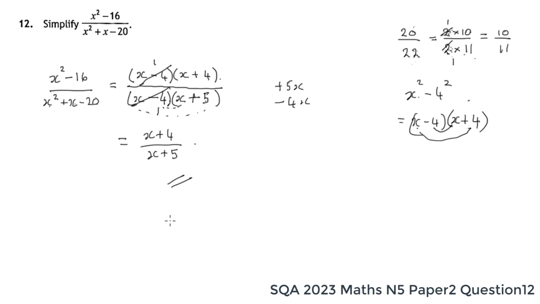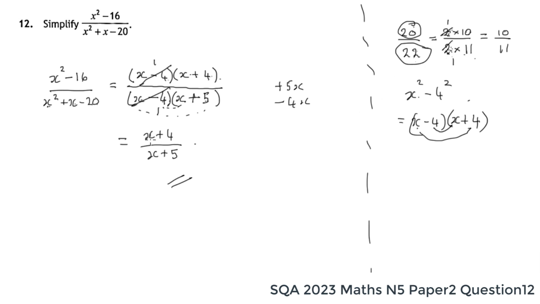Now it's interesting, this is just a by the way, if you put x equal to 6 in this expression, 6 squared is 36, 36 minus 16 gives us this 20, 6 squared is 36 plus another 6 is 42, minus 20 gives us 22, and you'll notice 6 minus 4 is that 2, 6 plus 4 is that 10, 6 minus 4 is that 2, and 6 plus 5 is that 11.